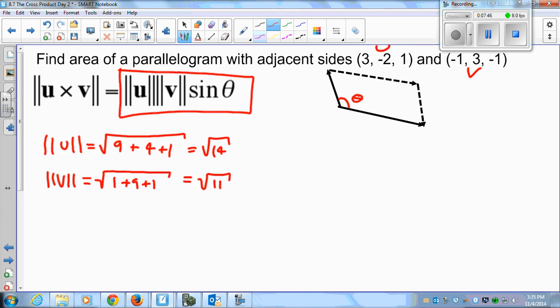Then I need to find my sine of theta. So remember, to find my theta, I have the equation of inverse cosine of my dot product over my magnitudes.